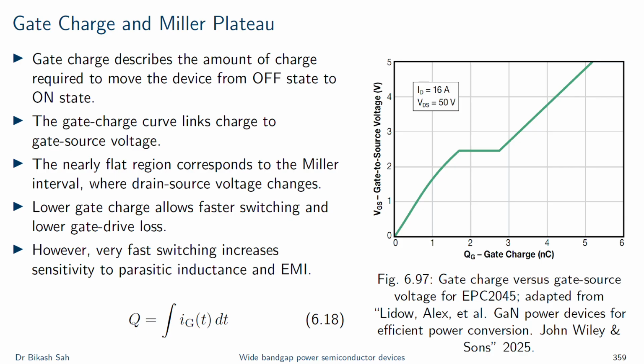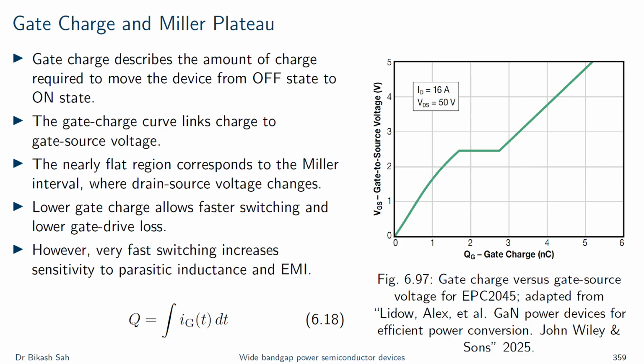The near flat portion is the Miller interval, where much of the gate current is used to change drain source voltage rather than raise gate voltage. This is a device that you see from EPC. Lower gate charge is one of the main reasons GaN can switch quickly and with low gate drive losses.